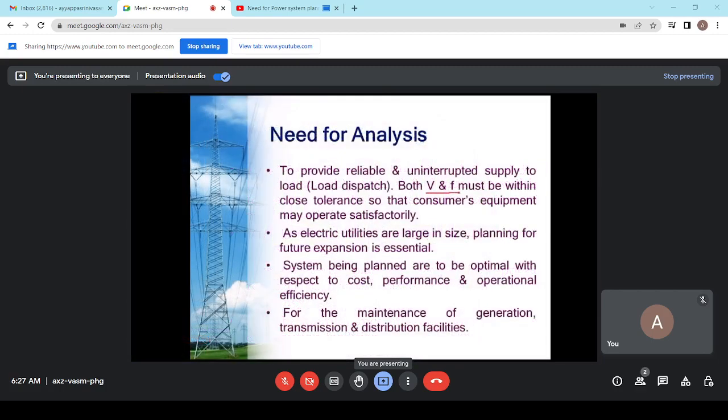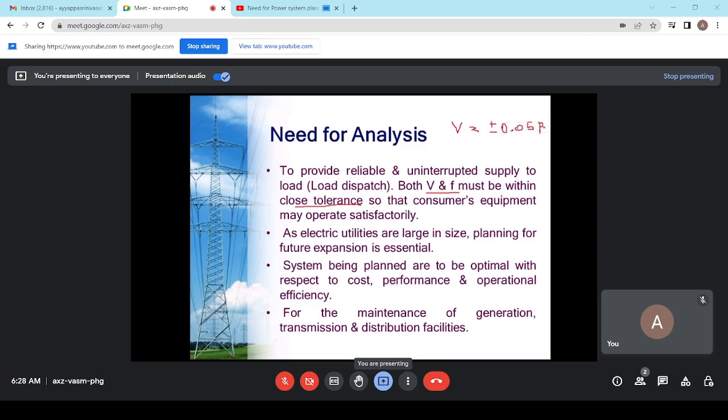Then both voltage and frequency must be within close tolerance so that consumer equipment may operate satisfactorily. In our house we are using so many electrical and electronic equipments. If we continuously face voltage fluctuation, then there may be some malfunction in our equipment.